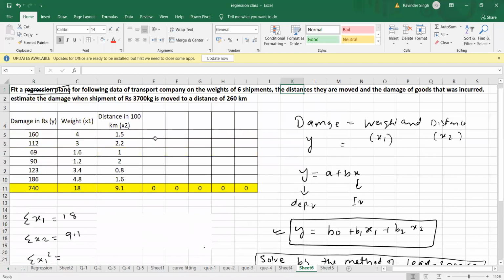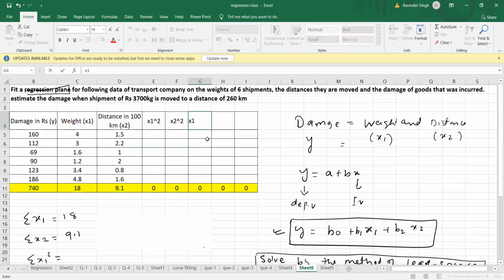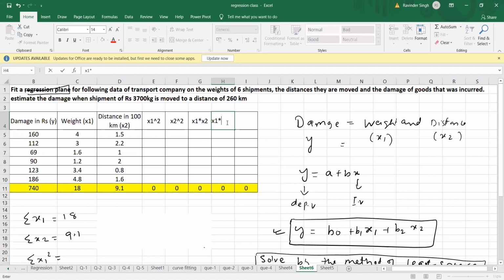So x1 square, let me calculate first. Then I need to find x2 square. Then x1 into x2, then x1 into y, and x2 into y.